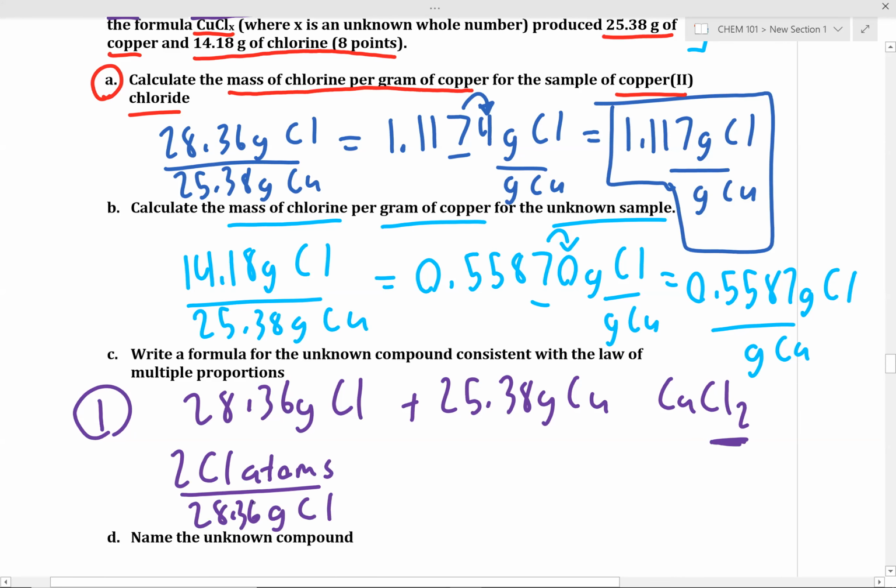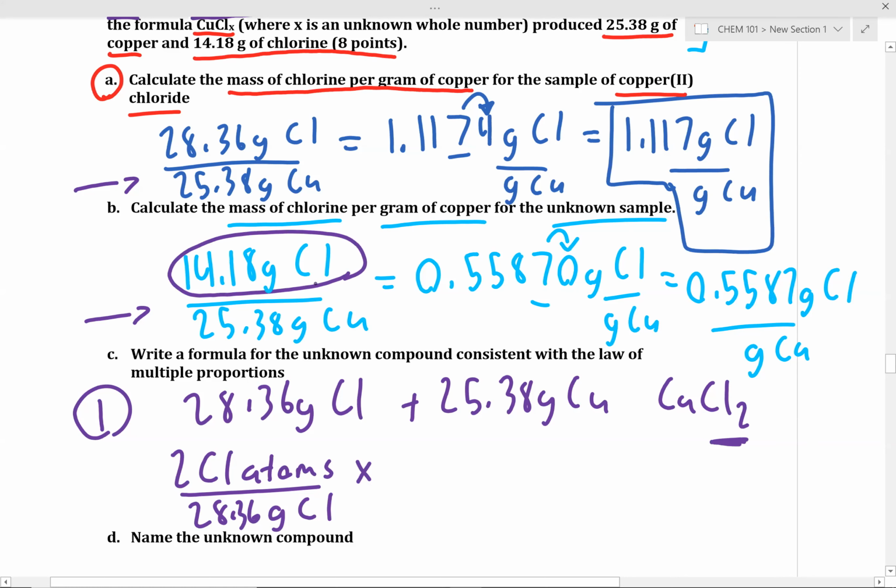Now, if we compare our two experiments, does the mass of copper, and as a result the atoms of copper, change? No, right? The mass of copper isn't changing, so the atoms of copper in our formula are not going to change.